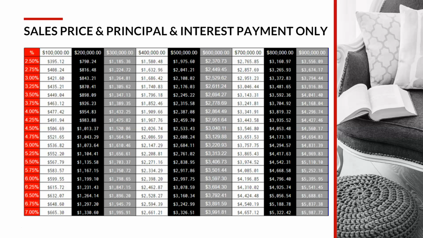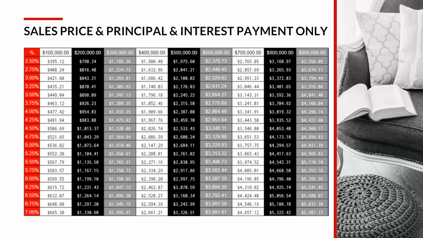Sales price and principal and interest payment only. As you can see from this chart, the interest rate is on the left in red, and then the sales price: 100,000, 200,000, 300,000, 400,000, and so on. Say for instance your interest rate is 5%. That's very high in this market, but say it was.